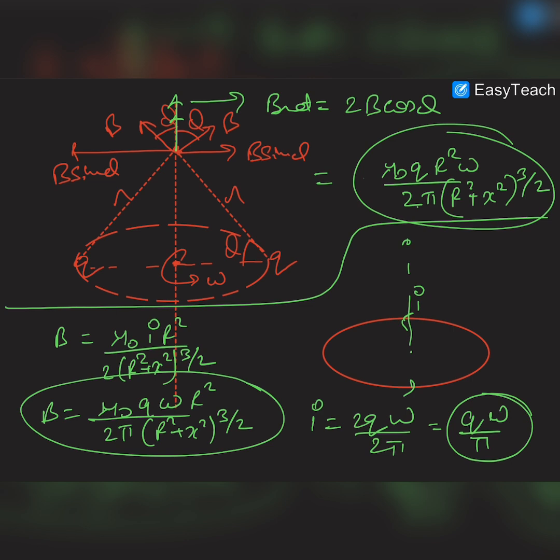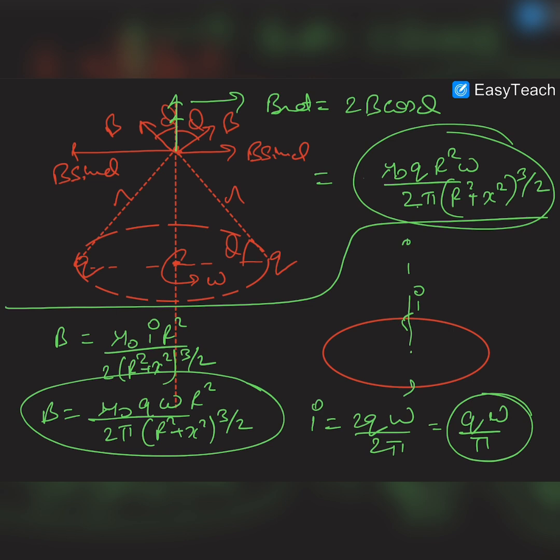So the net magnetic field due to the system of symmetric charges will be along the axis only, and the components which are perpendicular to the axis will cancel out, and therefore by the analogy of current carrying loop and by the analogy of moving charge magnetic field, we would be getting the same answer of the magnetic field on the axial point also.